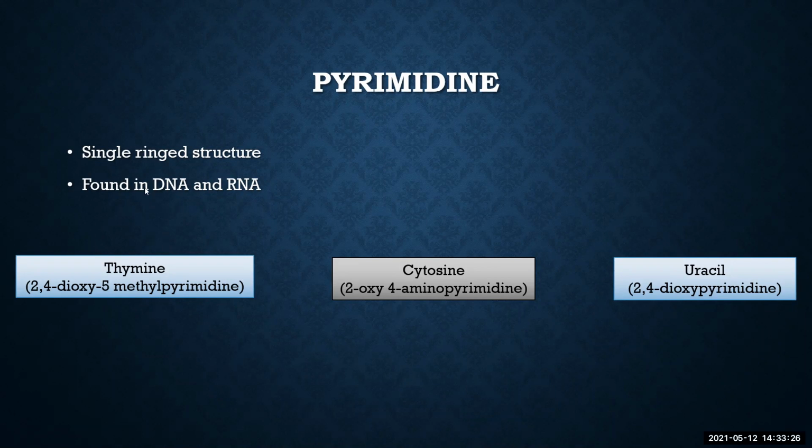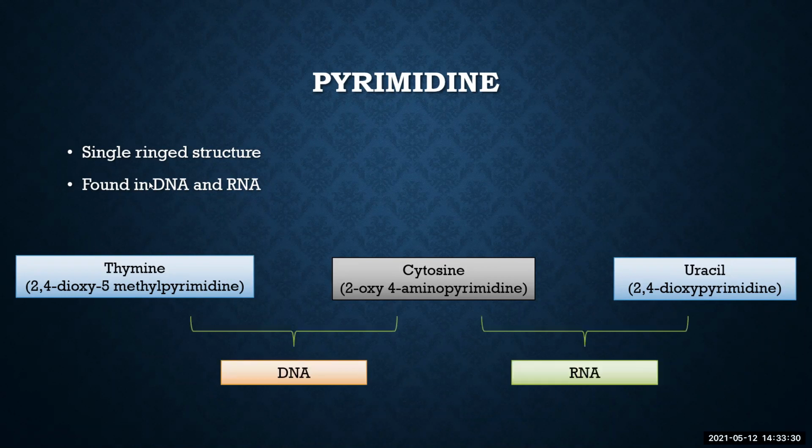So, right now, please understand pyrimidine is a single-ring structure found in both DNA and RNA. In DNA, the pyrimidine nitrogenous bases present are thymine and cytosine. In RNA, they are cytosine and uracil. You see the difference here.